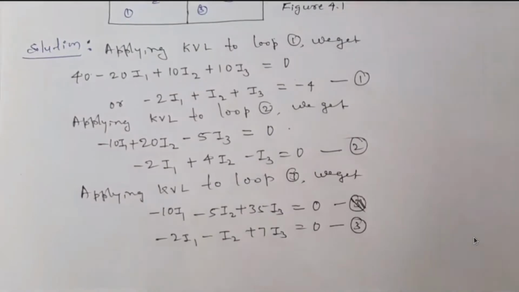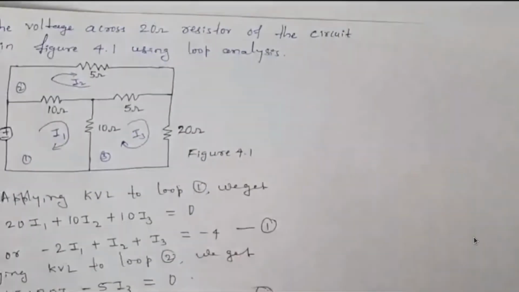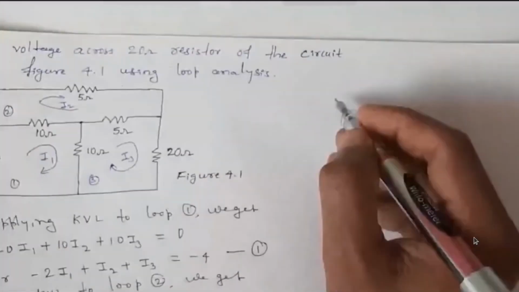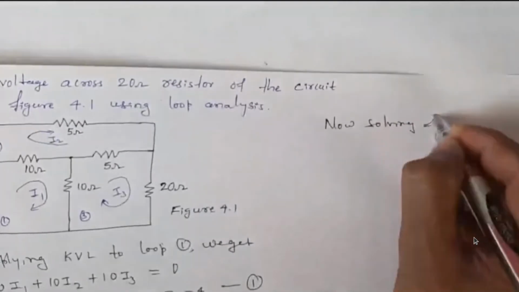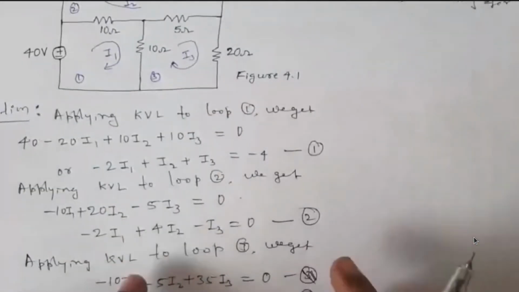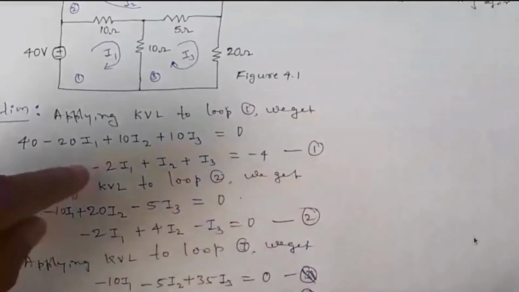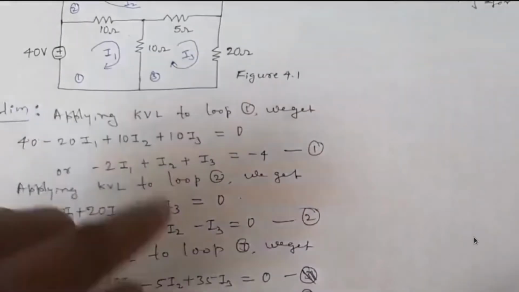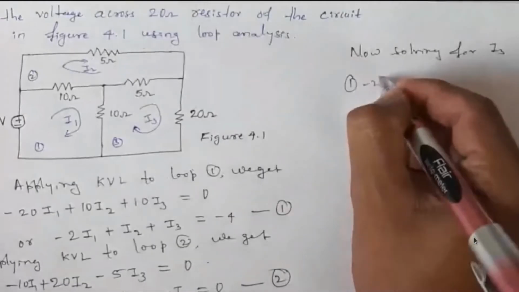Now we'll solve for I3. Either you can use the determinant method, but because it is very simple, I'll directly solve it. Our aim is to eliminate I1 and I2. First I'll do equation 1 minus 2.